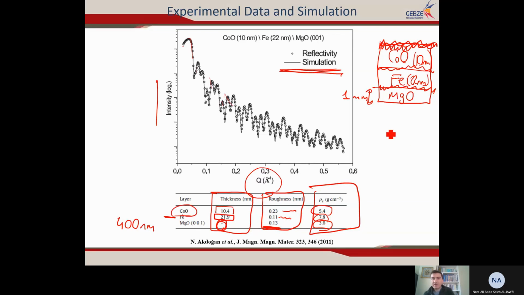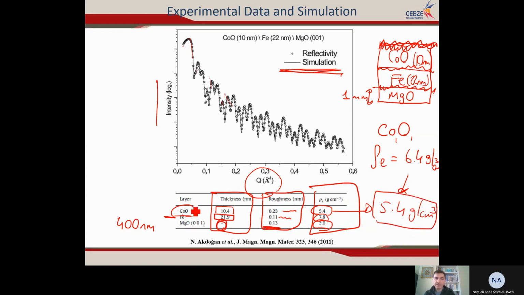In tables, if you have 50% cobalt, 50% oxygen, cobalt 1, oxygen 1, then you should have an electron density, as much as I remember, around 6.4 gram per cubic centimeter. But here we have found 5.4, which is lower than this one. Why does this cobalt oxide have lower electron density?